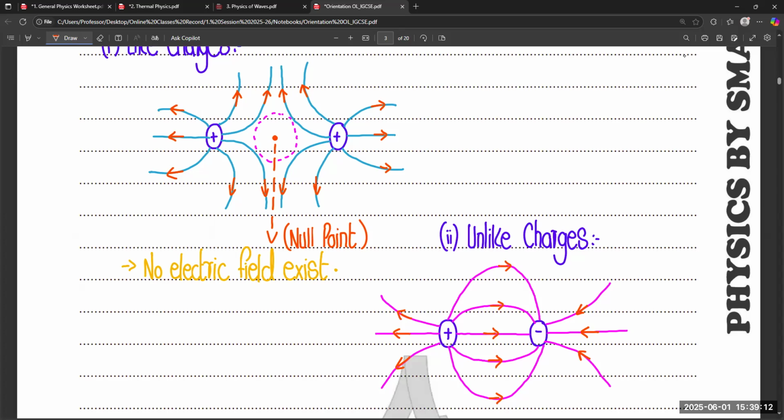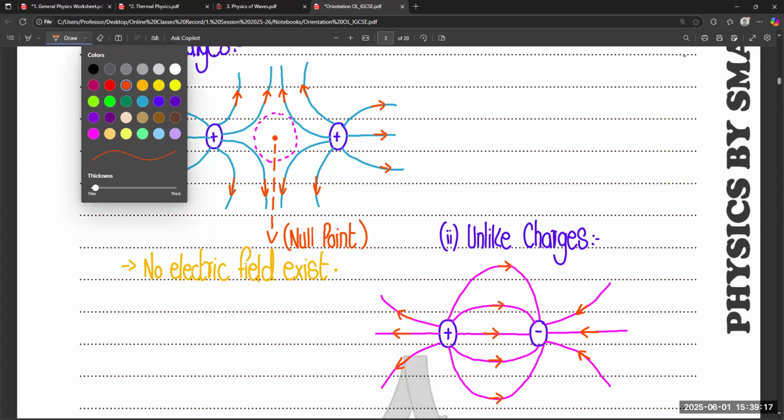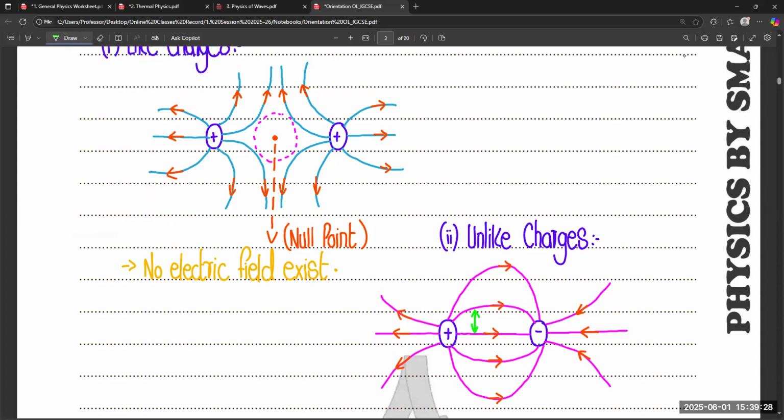But the question is, there is a gap between the field lines. The gap between the field lines means this one. You can observe that there is a gap. If you observe first and second field line, and then you observe second and third, you can see the gap is increased.